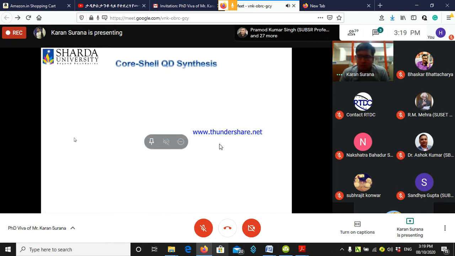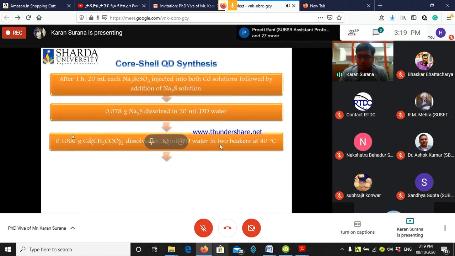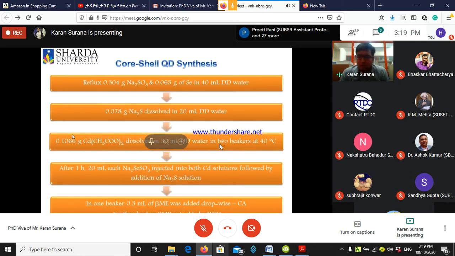Next, synthesis of core shell quantum dots. Again here the cadmium and the selenium precursors were kept the same. The sulfur precursor chosen was Na2S. Here we wanted to check if the shell, that is the CdS, could sustain and keep the size of the core shell in control, or if there is a requirement of the capping agent.